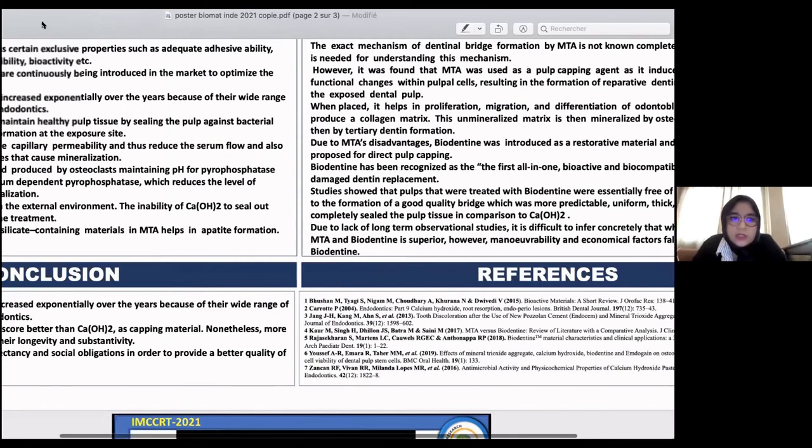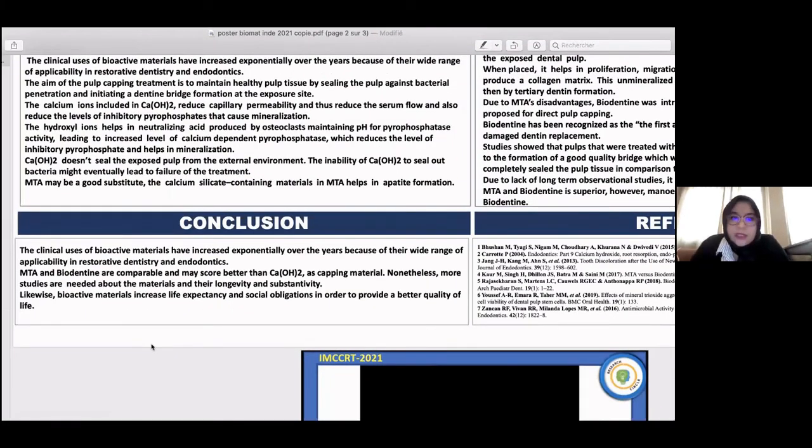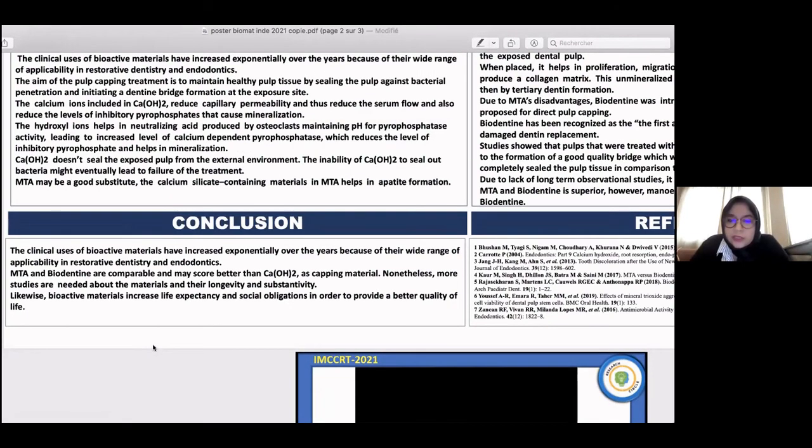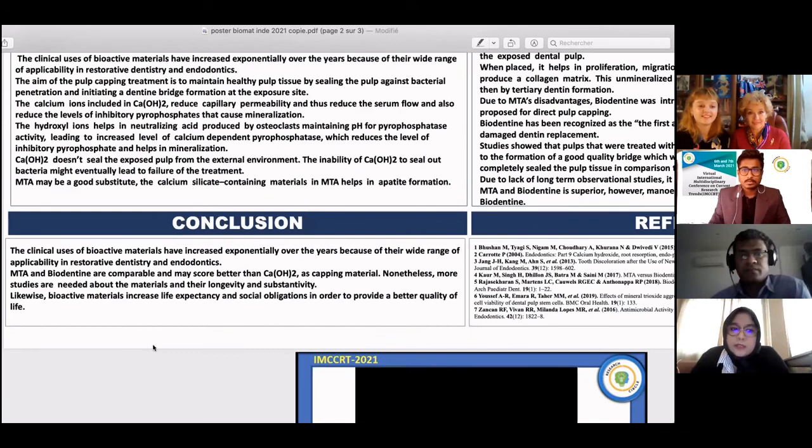As a conclusion, we can say that the clinical uses of bioactive materials have increased exponentially over the years because of their wide range of applicability in restorative dentistry and endodontics. MTA and biodentin are comparable and may score better than calcium hydroxide as a capping material. Nonetheless, more studies are needed about the materials and their longevity and substantivity.